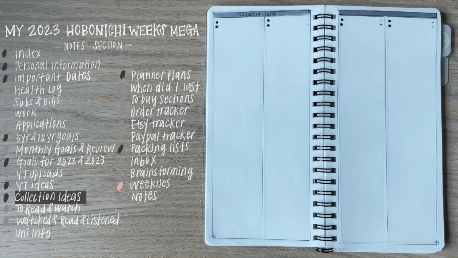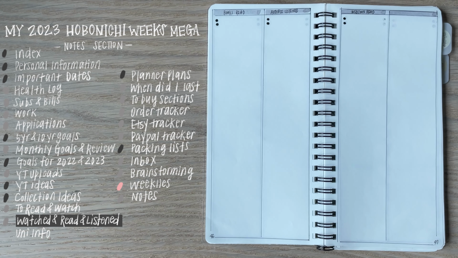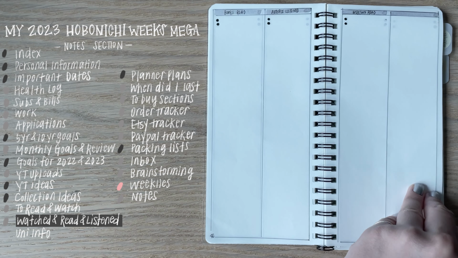So a to-read list, a to-watch list, which I currently don't have, but I thought I would need, so I put this here. And then movies watched, TV shows watched, books read, Audible listened, webtoons read, which I do have, but I didn't have the to-read and to-watch sections, so I put those in.